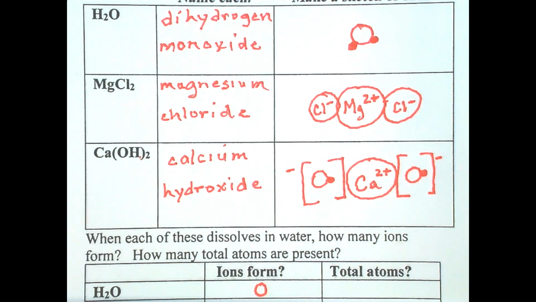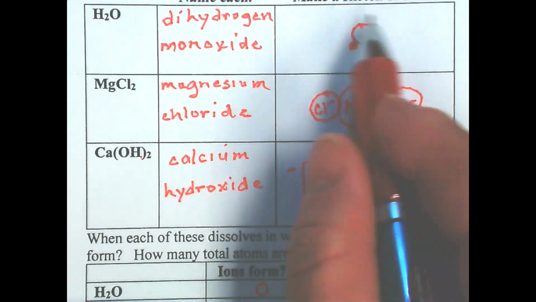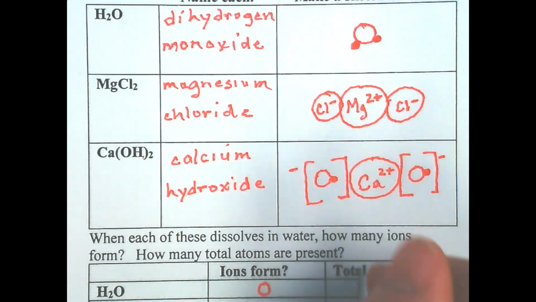It's actually like 10 to the -7th molar of both. Anyway, we'll just leave it right now at 0. And then it says how many total atoms are present. So there's one molecule that's made of 3 atoms.